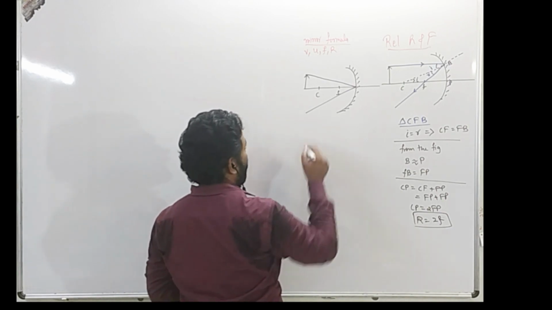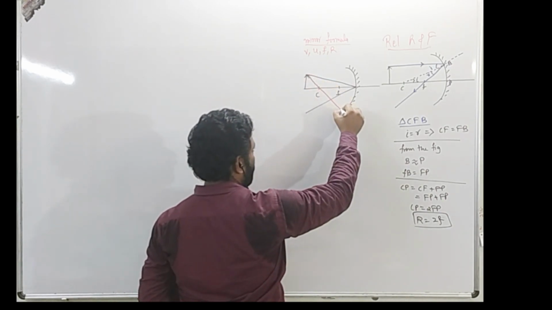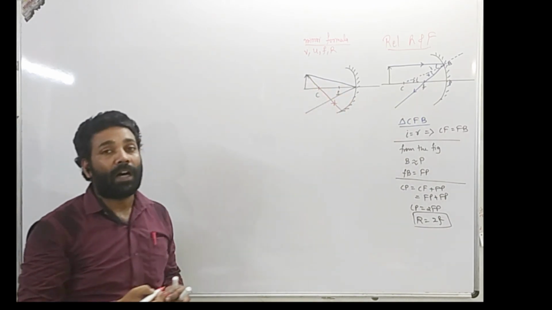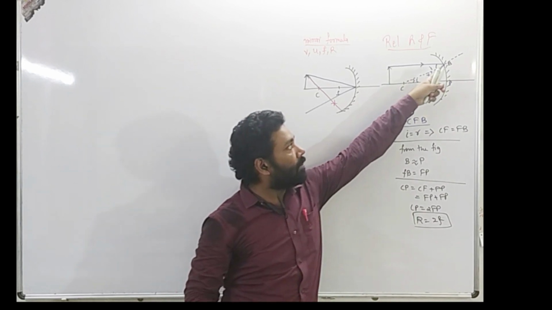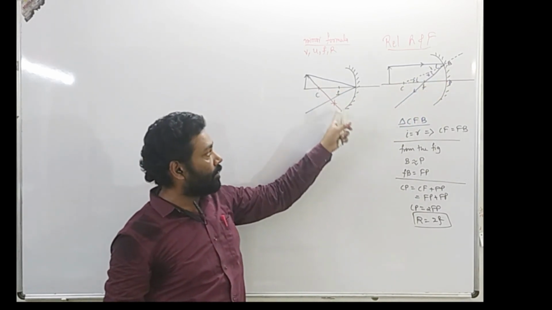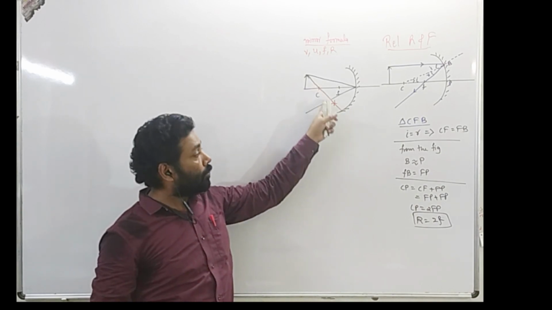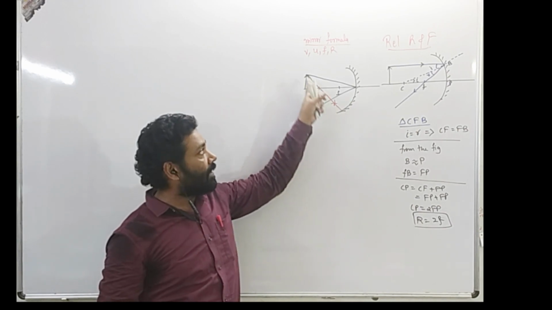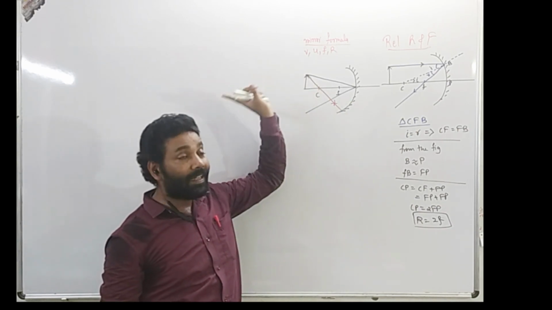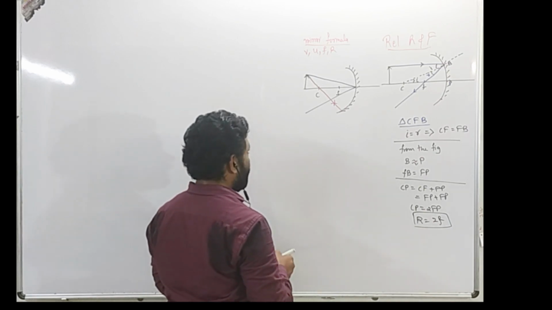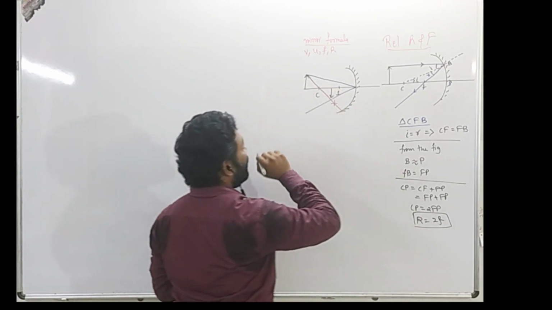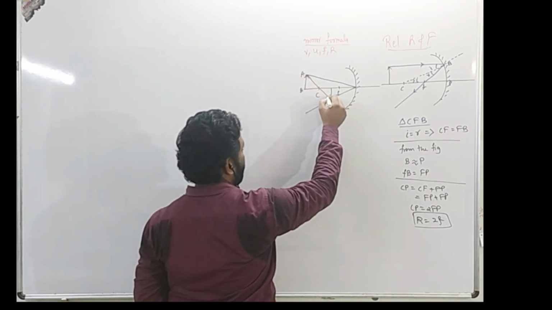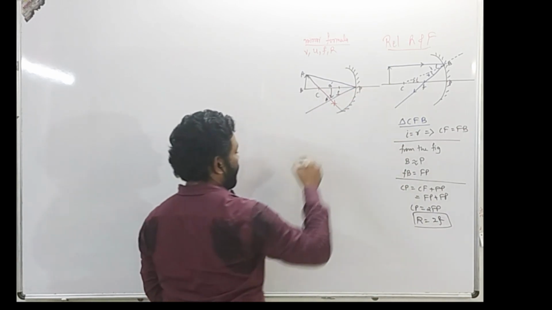The second ray of light I pass through the center of curvature, which retraces its path. See, the normal is drawn through the center of curvature, so the line drawn through the center of curvature makes 90 degrees with the mirror. When the light is incident at 90 degrees, it gets reflected back. These two rays are meeting over here, so here the image is formed. Let us label the object AB, the image will be A dash B dash, and this point we will take as P.